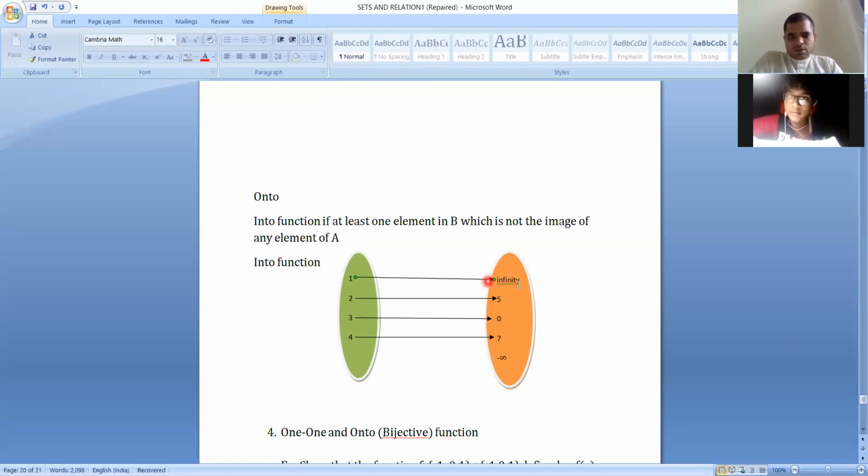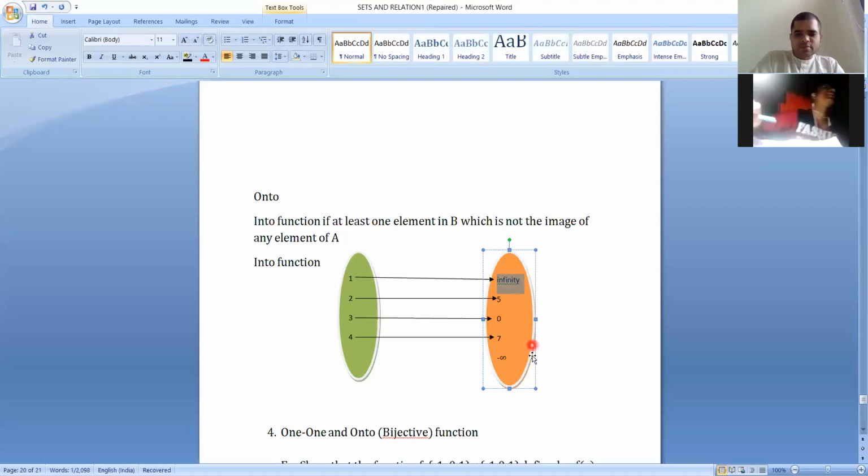If 1 does not have an image, then this will not be a function, because first it has to fulfill the criteria of a function. Just like here, it is not a function. You see, 4 does not have an image, so I just let it have one element. So now it is a function.